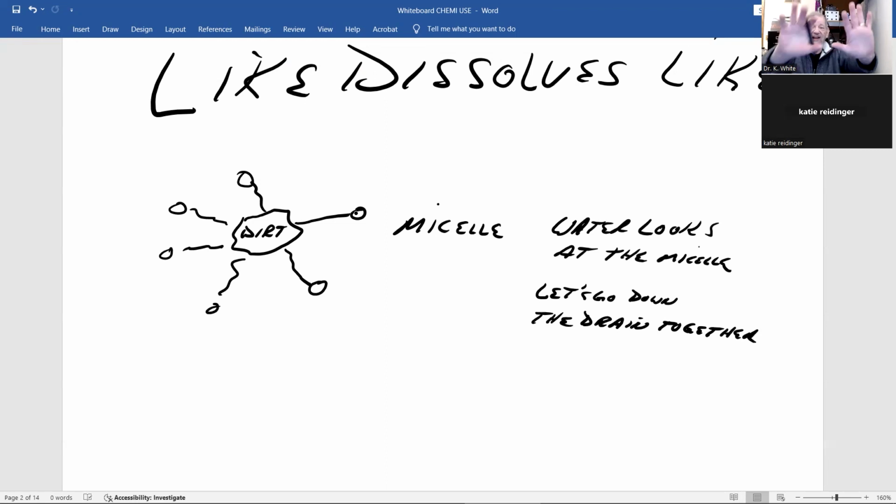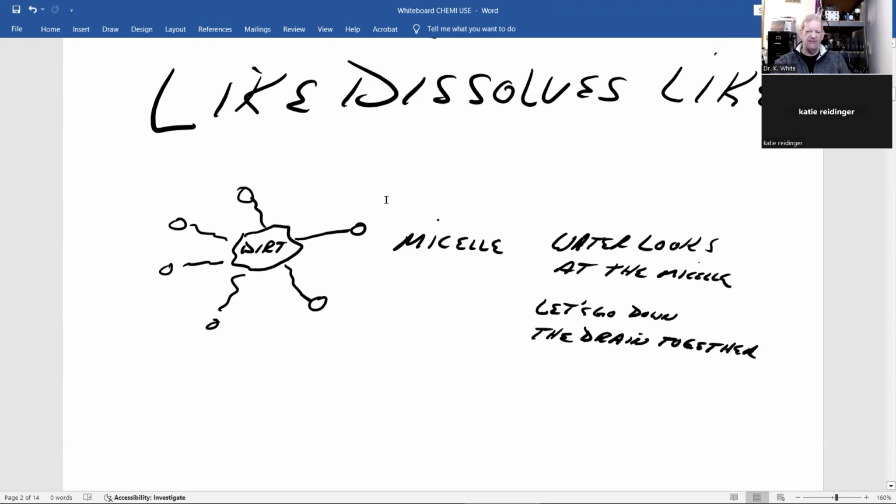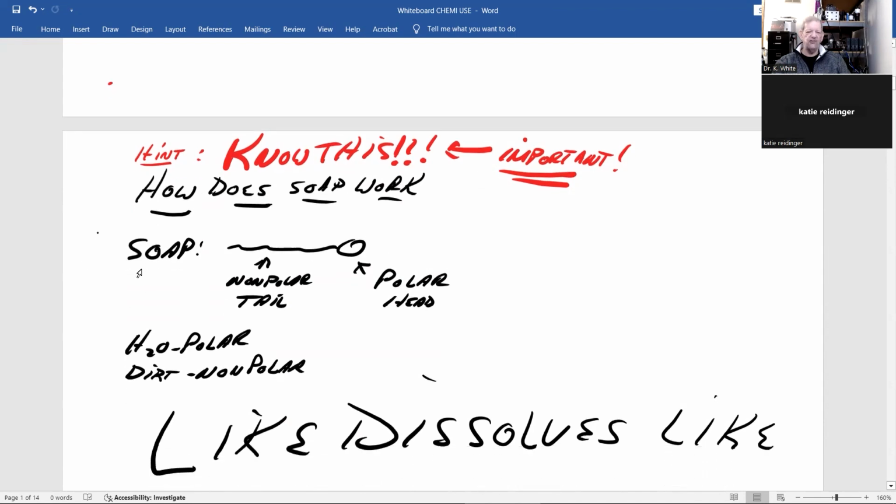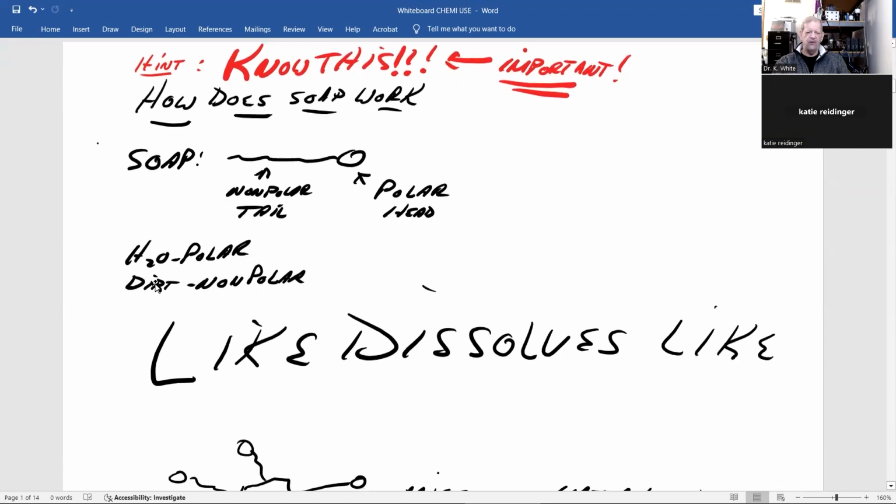And they do, and that's how you got your hands clean. So let's go through this again, because it says on the screen here, hint, know this, it's important. How does soap work? You should know the structure of soap: non-polar tail, polar head. Water is polar. You use that to clean your stuff, whether it's your hands, your dishes, your clothes, your car. Same thing, works the same way.